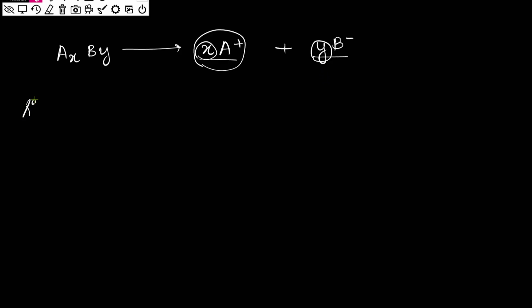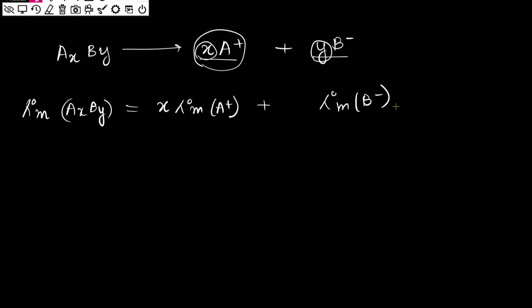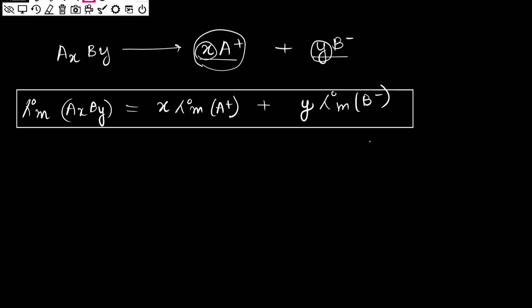So when we need to find the limiting molar conductivity of this AxBy salt, it will be equal to the limiting molar conductivity of the A plus ion multiplied by its stoichiometric coefficient, plus the limiting molar conductivity of the B minus ion multiplied by its stoichiometric coefficient. So this is your final equation, which is derived and put forward by Kohlrausch.